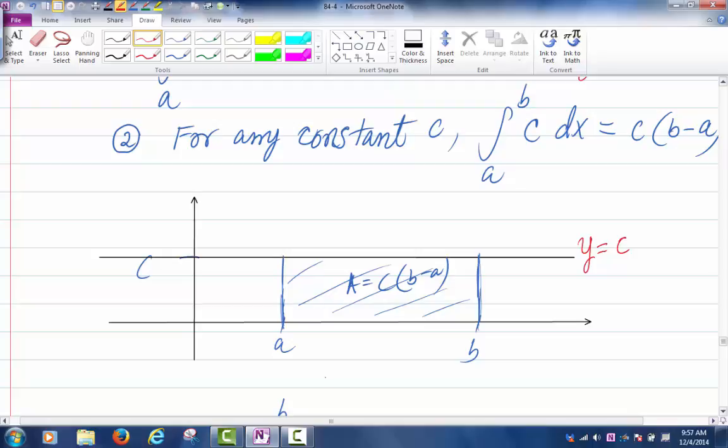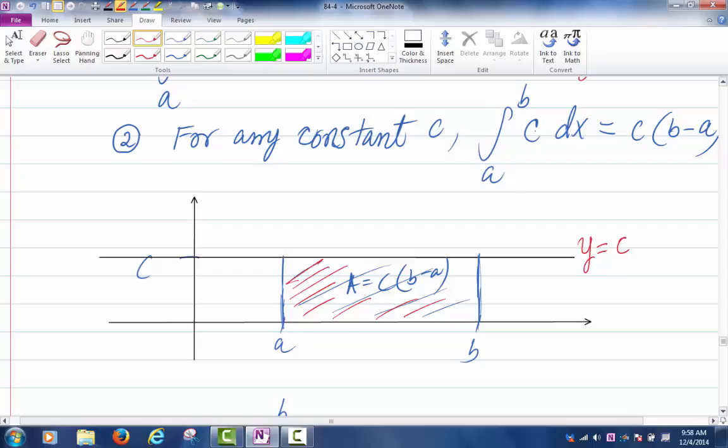Well, that means that the integral represents this area, doesn't it? And what's the area? Well, it's a rectangle. So the length of the rectangle is b minus a. The height is c. So if I multiply them, I get the area of the rectangle. So the definite integral of c should be that area. Is that making sense? Is everybody okay?